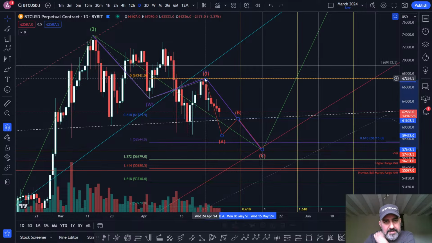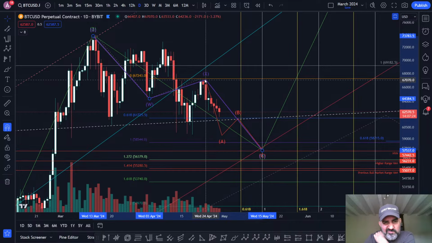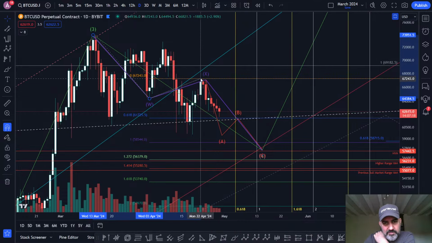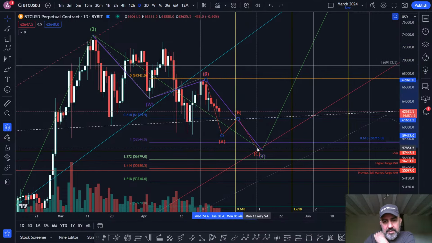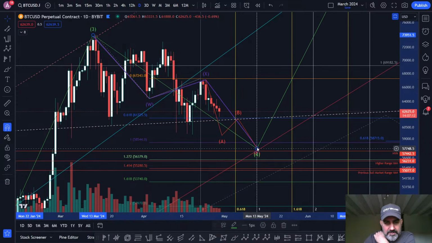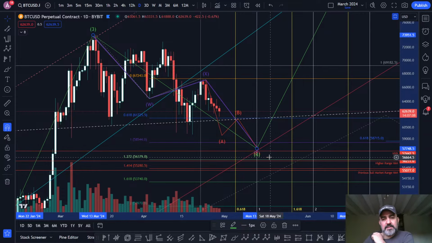I don't really like the last one actually. I prefer earlier, just because it's the weekend and a lot of things happen. Like on Monday, coming down into that pivot on Monday would make sense.